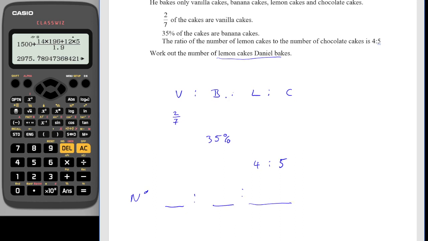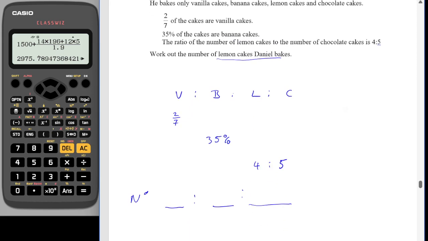So in effect, 420 times by 2/7. So we've got 120 vanilla cakes, and then I'm going to times that by 35%, so 0.35.